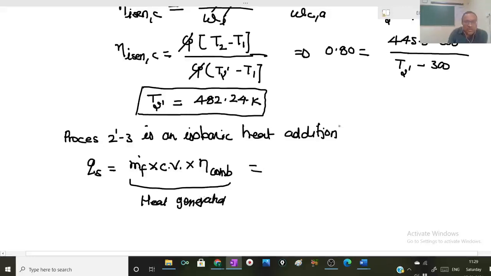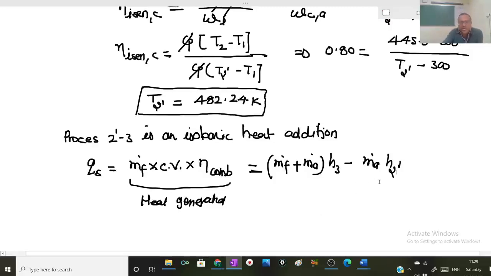Now what will this heat do? This heat will increase the enthalpy of air. So what will it be? Mass flow rate of fuel plus mass flow rate of air into H3, minus mass flow rate of air into H2 dash.